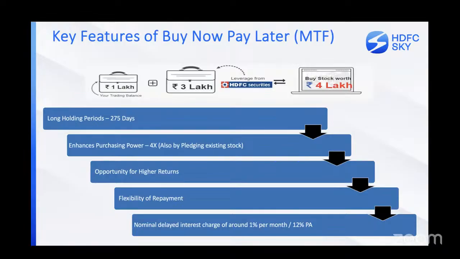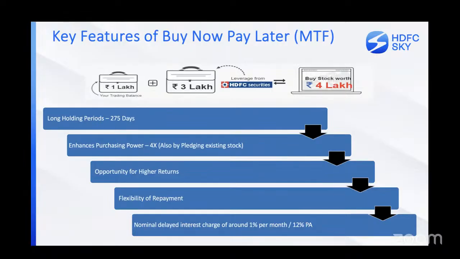But with the help of MTF, with 1 lakh rupees, instead of buying one stock, you can buy four stocks. How? The 3 lakh rupees is leveraged by HDFC Securities, and you can take a position worth 4 lakh rupees. So that is the benefit of MTF.